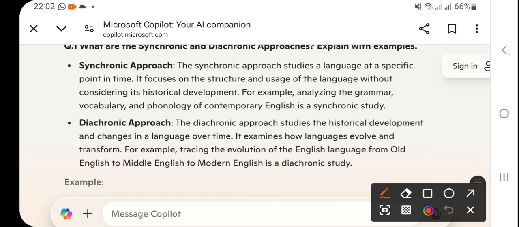suppose I'm learning Marathi, for example. When I learn Marathi, suppose I focus only on the current structure, not early old Marathi, middle Marathi, but modern Marathi. I want to learn modern Marathi, so I don't want to discuss history.